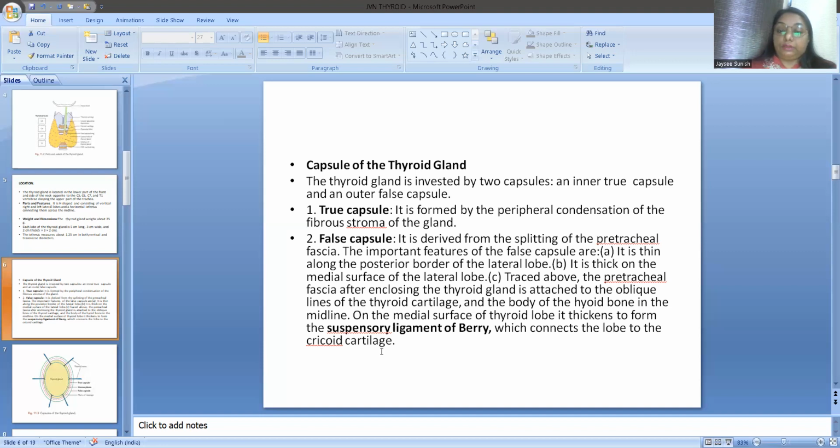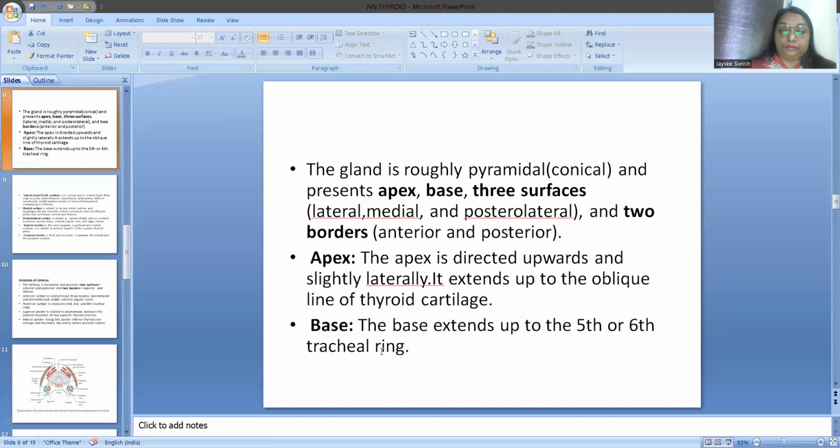Because the true capsule is formed by condensation of some part of the gland, and the false capsule is the pretracheal fascia, which is another structure of the neck region. It is not a part of the thyroid gland, whereas the true capsule is a part of the thyroid gland.